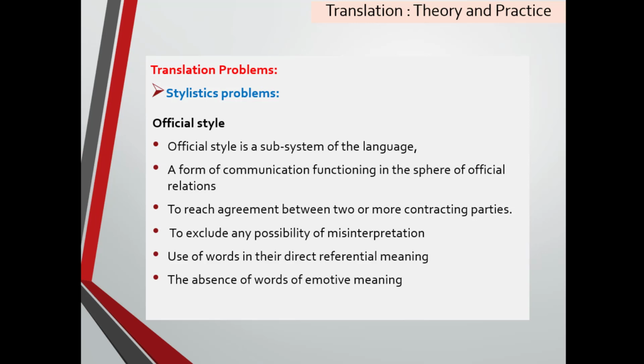Another outstanding feature of official style language is the abundance of special terms, cliches and set expressions. They are very special to that specific style, and that's why it is recognized by the existence of these words, terms, cliches, and set expressions.